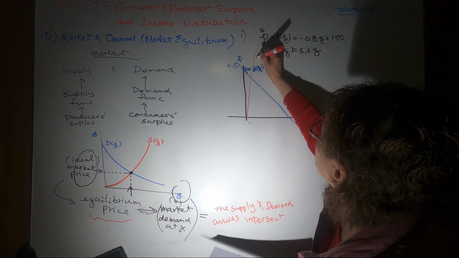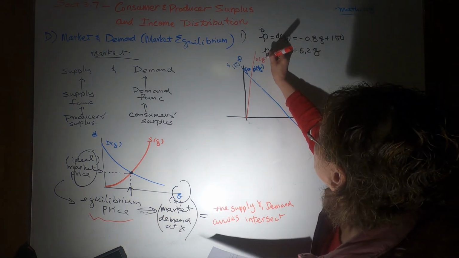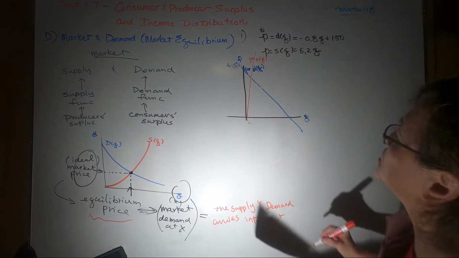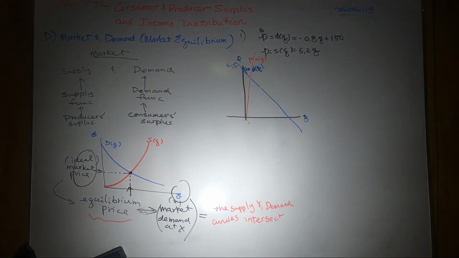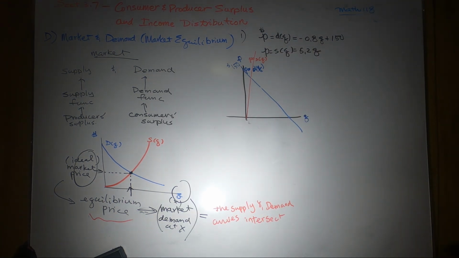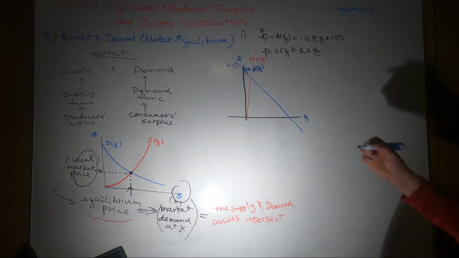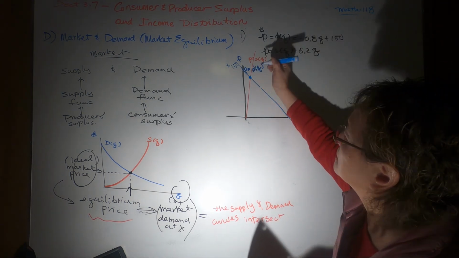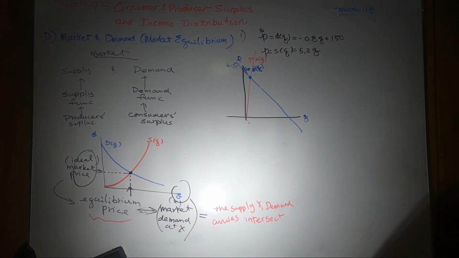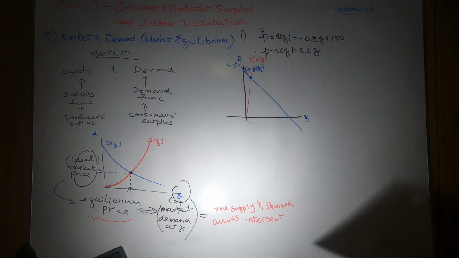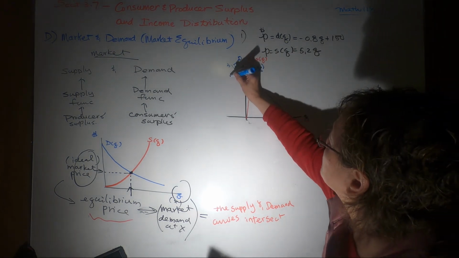Okay, that's your supply, P equals SQ. So according to your business class, the balance point is where the demand and supply meet here, right? So how do we find this point?